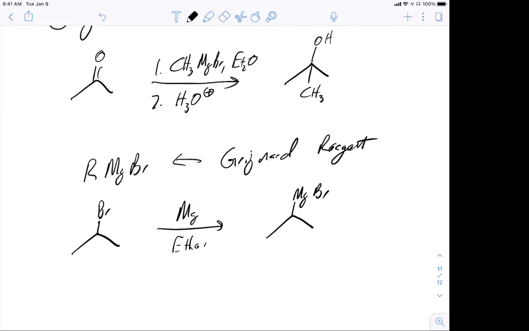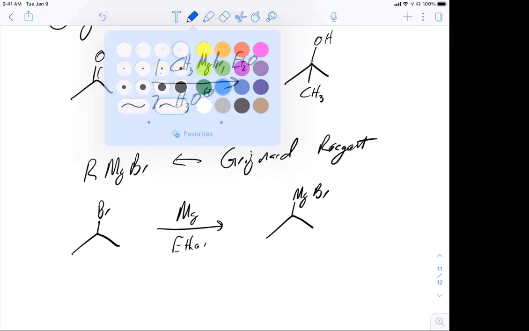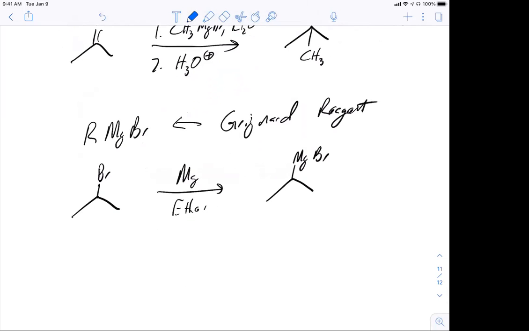The interesting thing about this process is that the Germans call it Umpolung, or some pronunciation close to that. If we look at this position, it's electrophilic, right? So that we've got a dipole moment going towards the bromine, making that electrophilic.